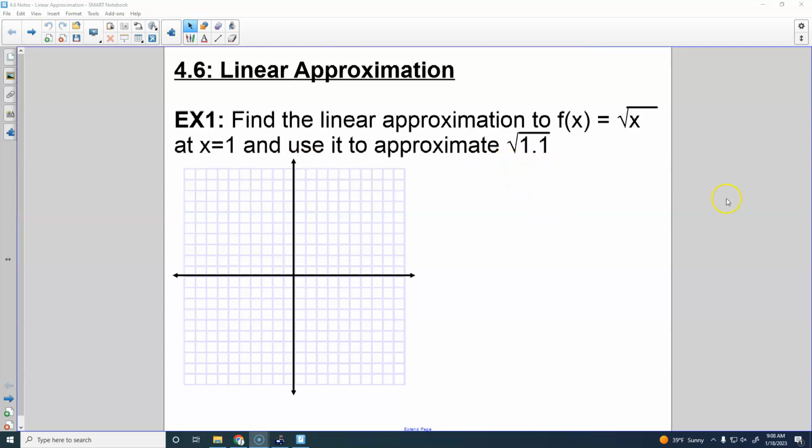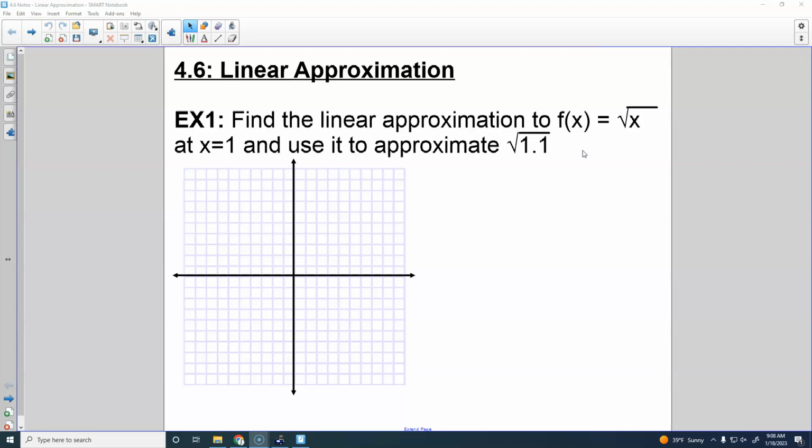Here, a couple things we're going to look at are things like example 1, where we are using linear approximation to find something the calculator would basically already do for us. So it may seem a little obsolete that we are doing that, but it's still good practice to learn the thought behind.